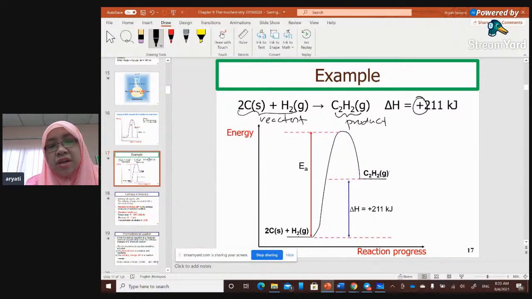So reactant kat bawah kan. So dia kat bawah, produk kat atas. So diagram mesti macam ni. So this one need as much as EA activation energy. This reaction will need to absorb the energy from the surrounding as much as positive 211. So label kat sini delta H positive.